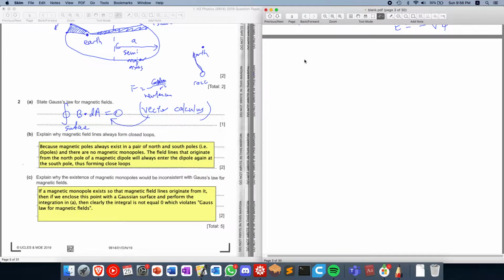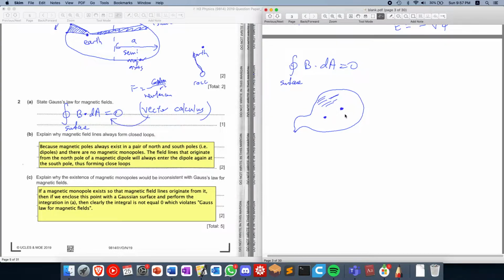So what does the integral of B dot dA equals 0 over the surface mean? It means that if you imagine any surface, any balloon, and you think of this as a 3D object, a 3D balloon, then you put inside the 3D balloon some sort of magnetic poles.